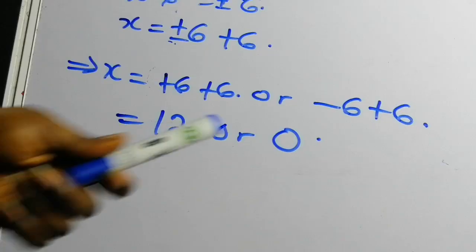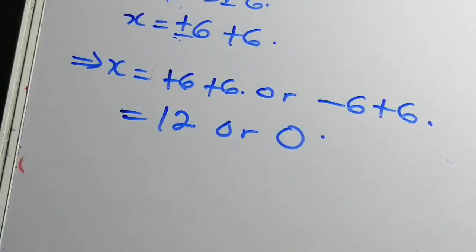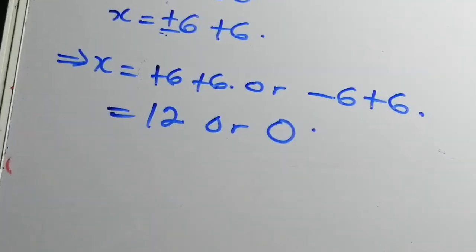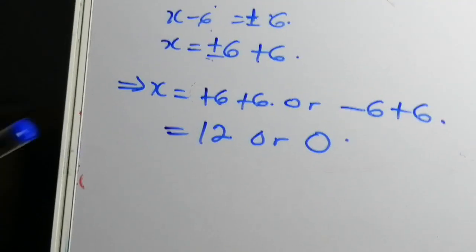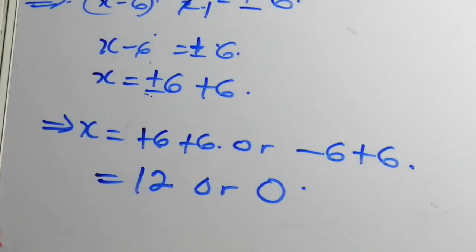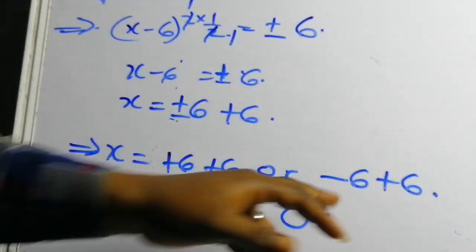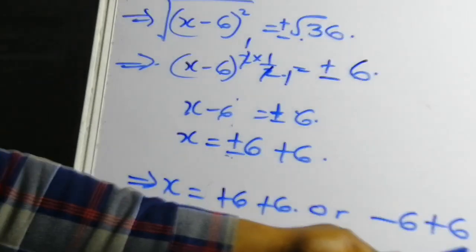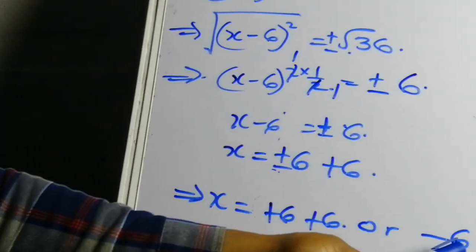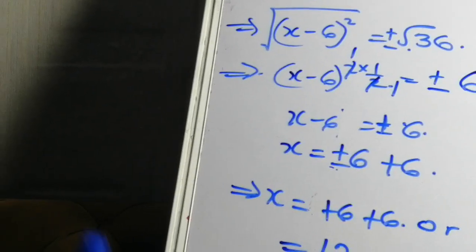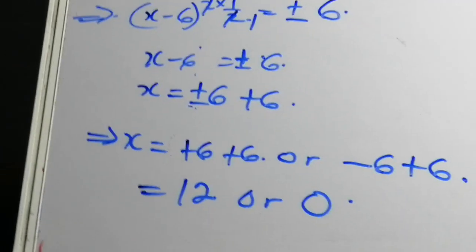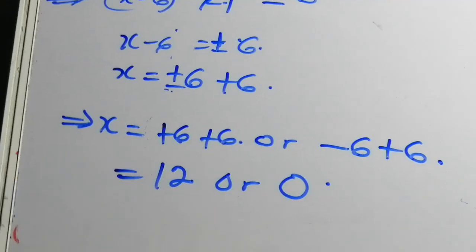It will cancel each other. If you have 6 naira and I give you 6 naira, it will cancel. If I have 6 naira and I give somebody 6 naira, I'm left with nothing. So that's the meaning of this. Minus 6 plus 6 equals 0. Minus 1 plus 1 equals what? 0. So that is very, very straightforward.